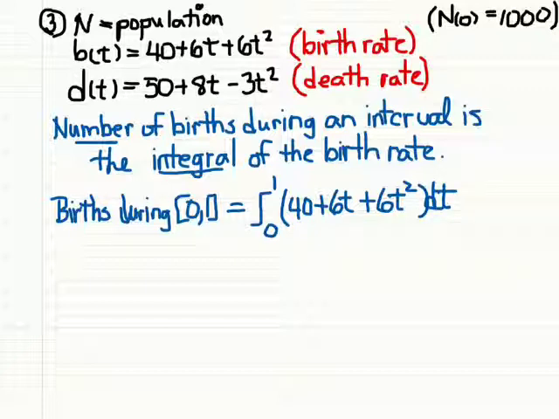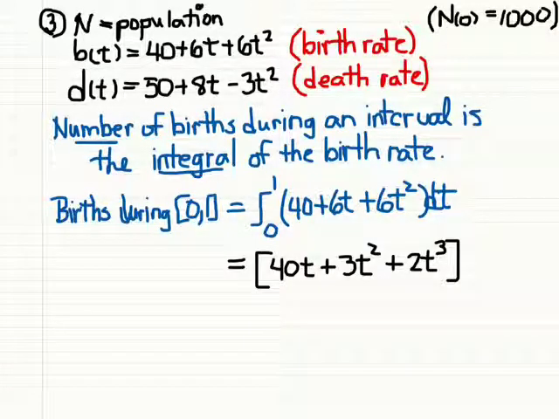If you're curious about how this relates to our other examples of integration, the formula represents the rate, dt represents a short interval of time, and so a rate times a time gives a number.